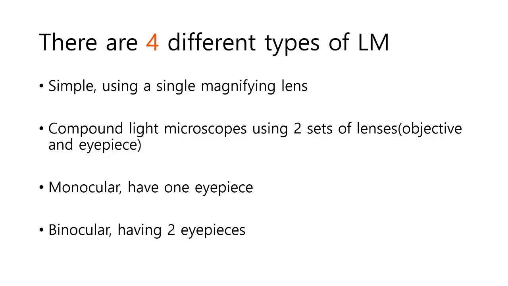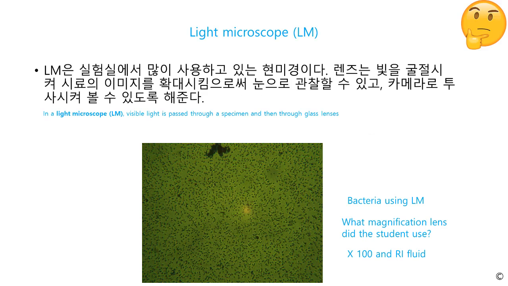And finally we have the binocular microscopes that have 2 eyepieces. Here is a light microscope image of E. coli bacteria using a 100 times objective lens and oil immersion fluid. The size of these bacteria can range from about 1 to 2 microns.